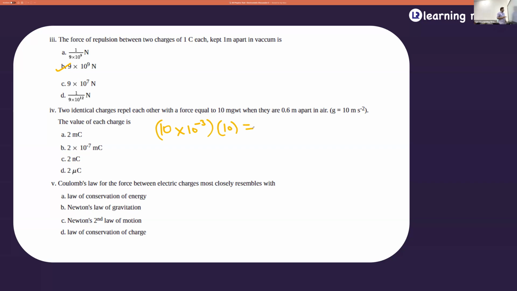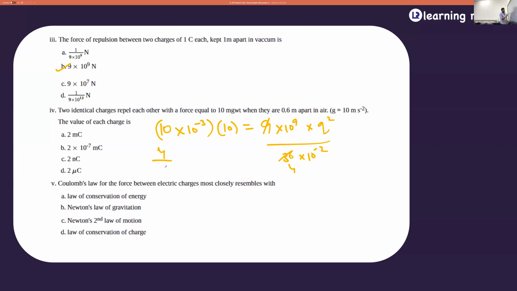This will be equal to, for two identical charges, 9 into 10 power 9 into Q square divided by 0.6 square. 0.6 square is 36 into 10 power minus 2. This will go 4 times. Just take it to the other side. So 100 into 10 power minus 1. So you will get 100 into 10 power minus 3, which is 10 power minus 1. 10 power minus 1 will get multiplied with 10 power minus 2, giving 10 power minus 3. 10 power 9 will go to the other side, so 10 power minus 12.